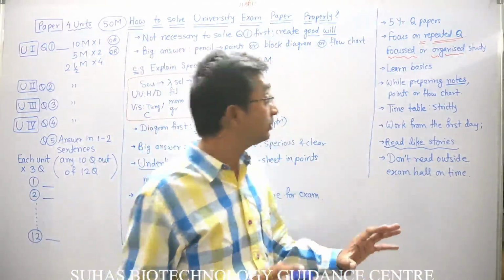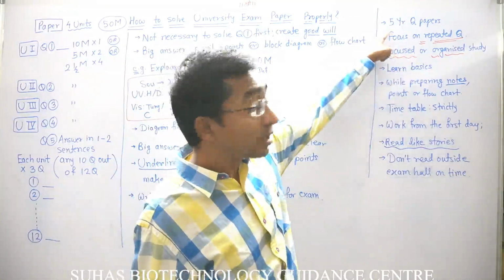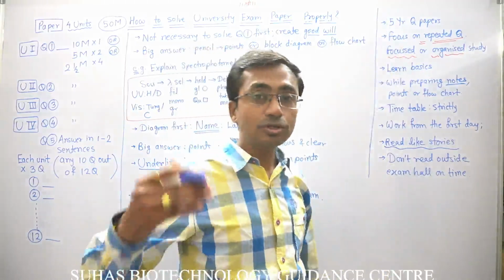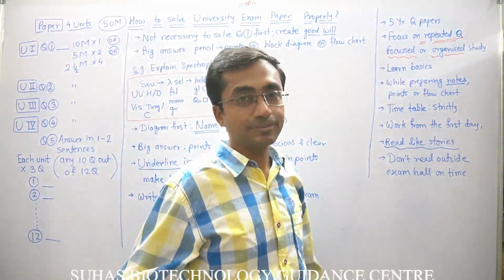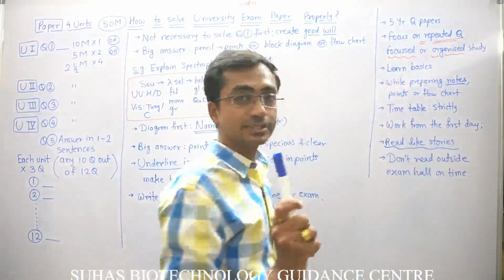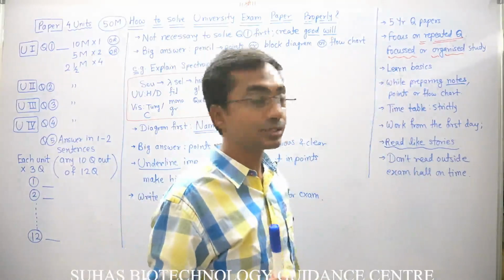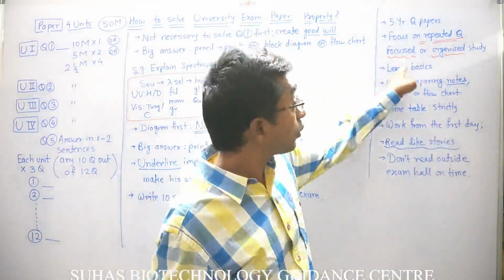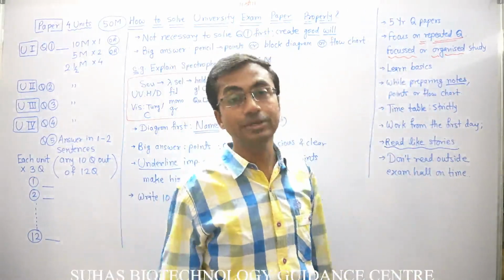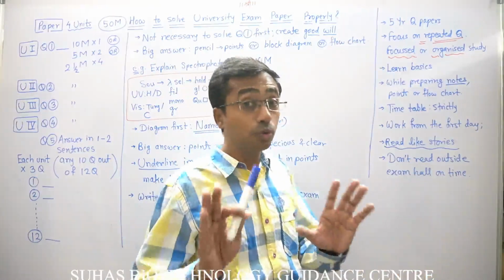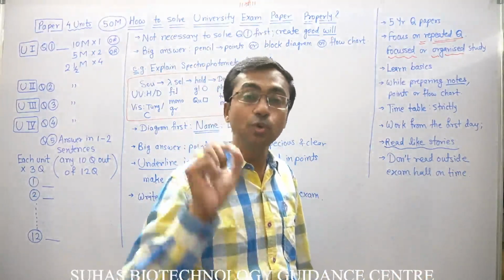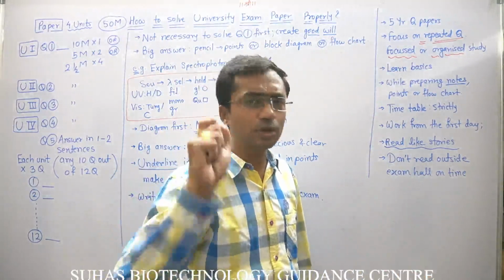Other than that, you have to refer to the 5-year question papers first. Yes, take out the last 5 years' question papers and always see the repeated questions. Take out all the repeated questions. This is called focused or organized study. Because instead of reading everything, we have to go through everything, no doubt, because knowledge is the most important thing and we have to read each and every unit very thoroughly.